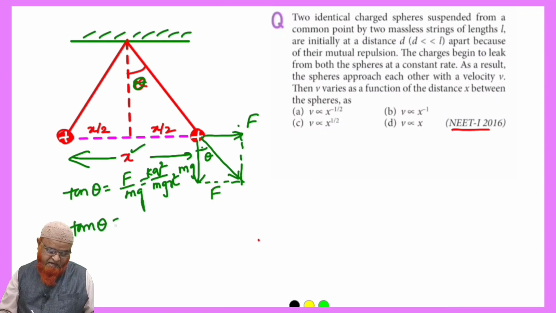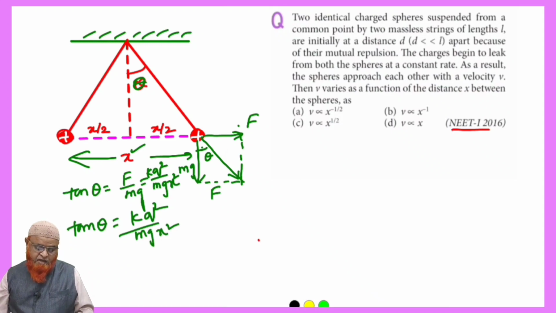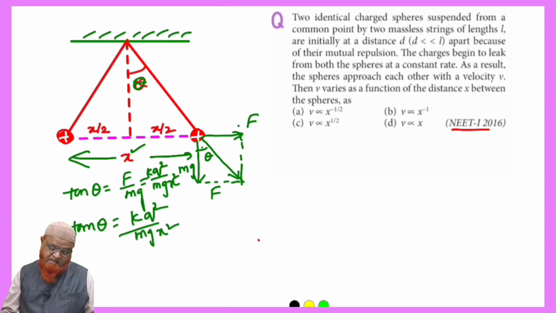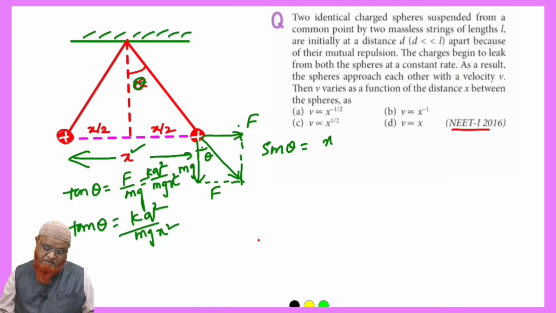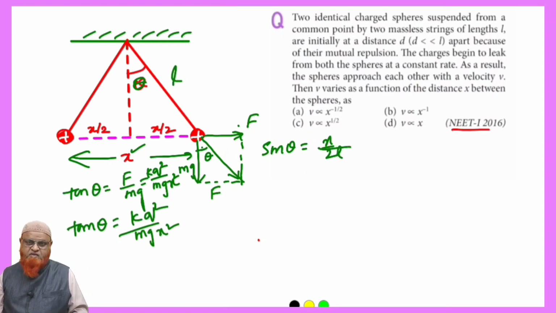So what is tan theta actually? Tan theta is nothing but k q square by mg into x square. Similarly here, if you consider this as sin theta, what are you going to get? So you will get sin theta is equal to x by 2 opposite side, and the length of the pendulum is taken as L. So x by 2L is going to be sin theta.